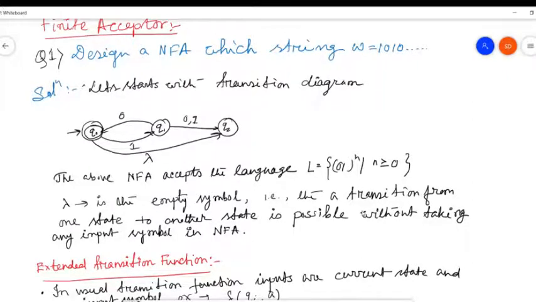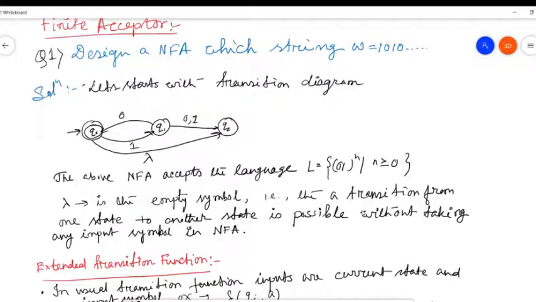Start with the initial state Q0, take a transition from Q0 to Q1 with 1, and again Q1 to Q0.